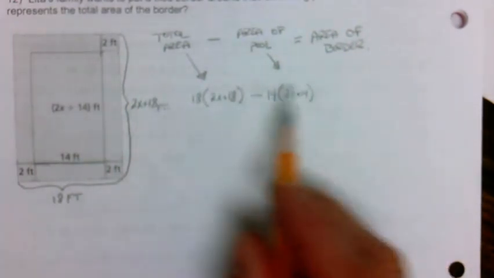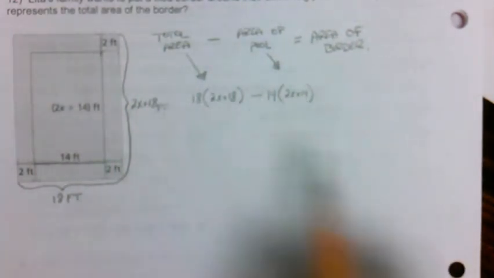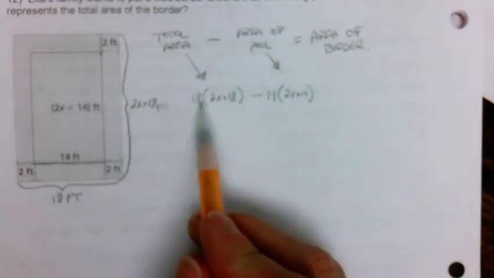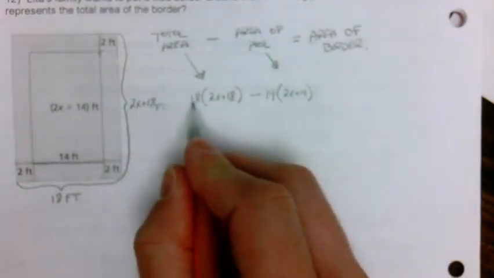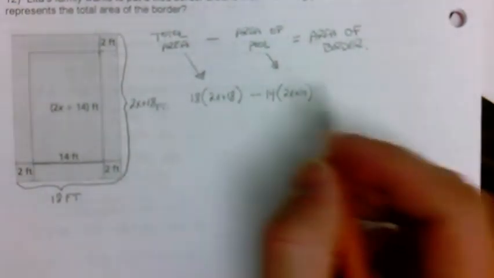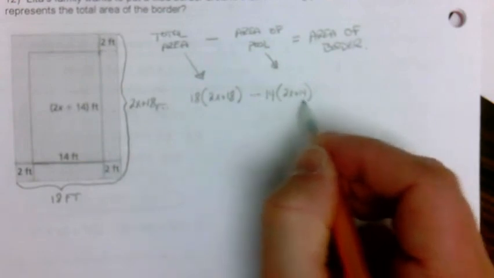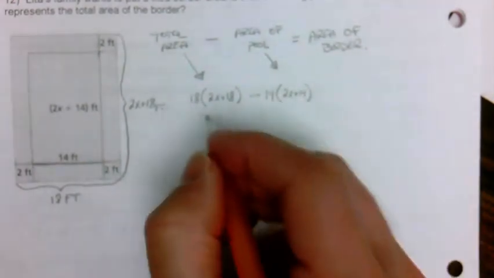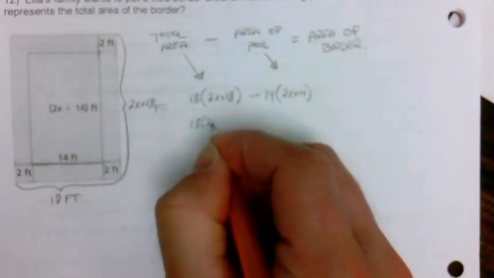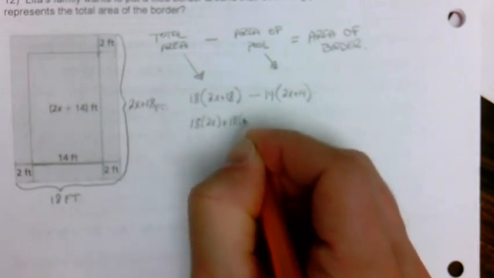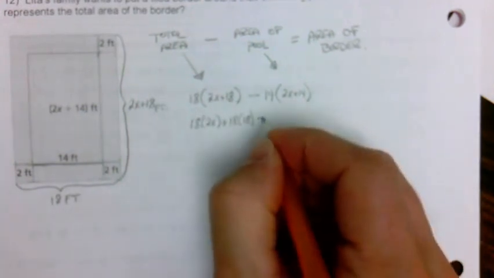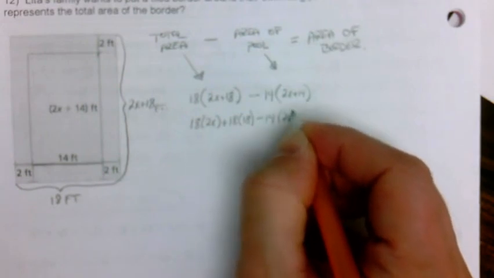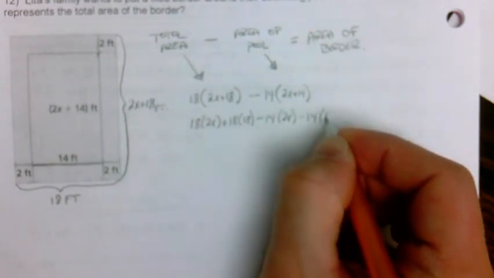To simplify this expression, again, I've got parentheses here, and I don't want parentheses, so I'm going to distribute first. I'm distributing 18 to the first set of parentheses, and I'm distributing negative 14 to the second set of parentheses. We're going to do 18 times 2x plus 18 times 18 minus 14 times 2x minus 14 times 14.